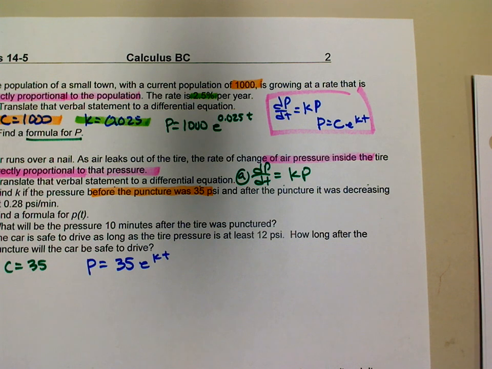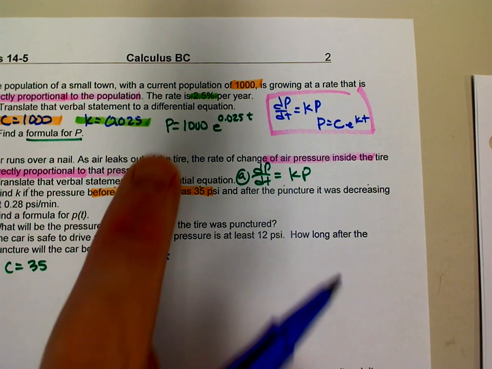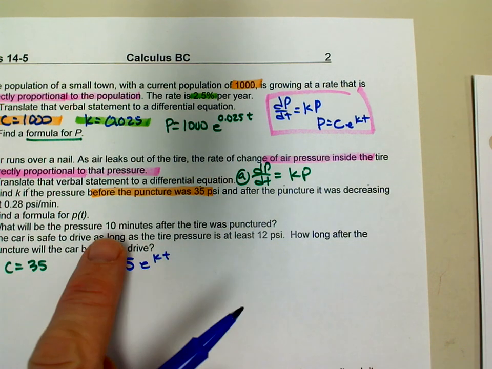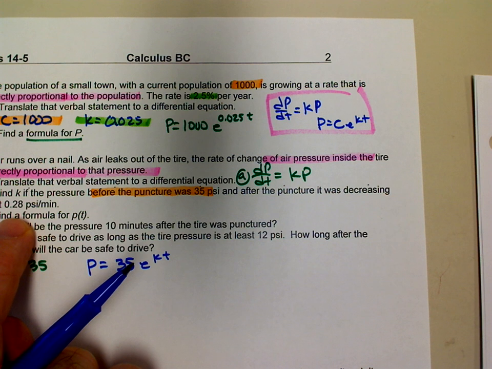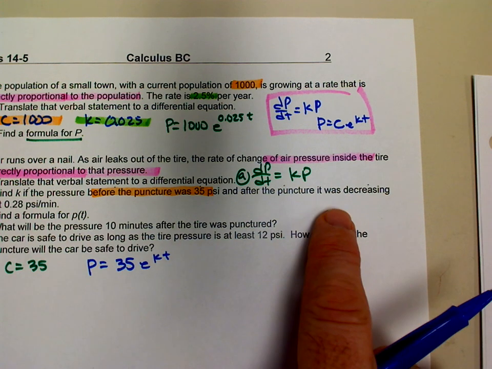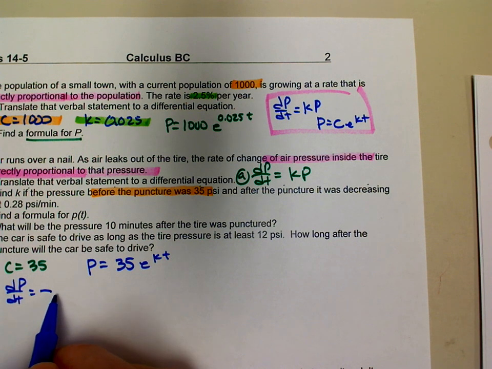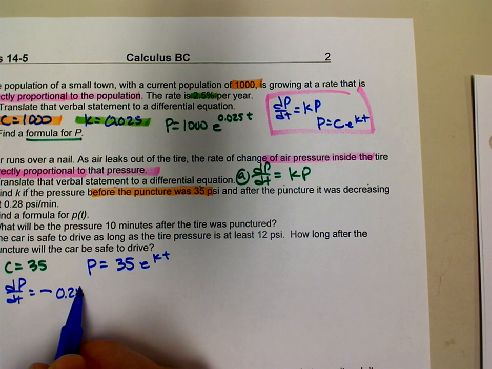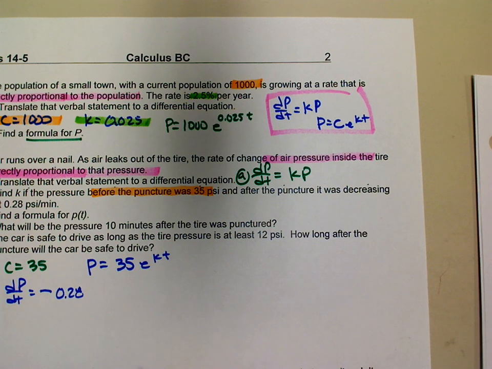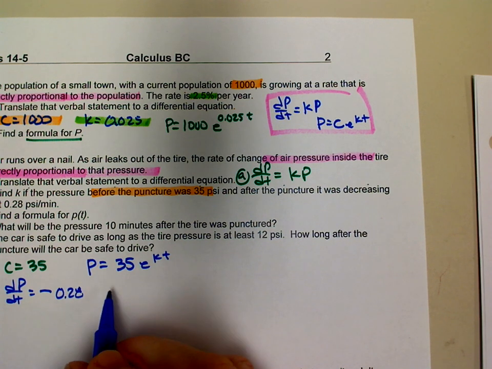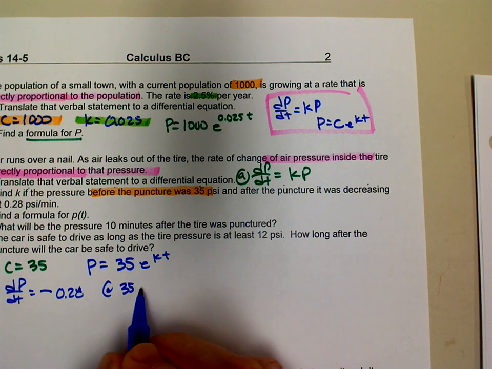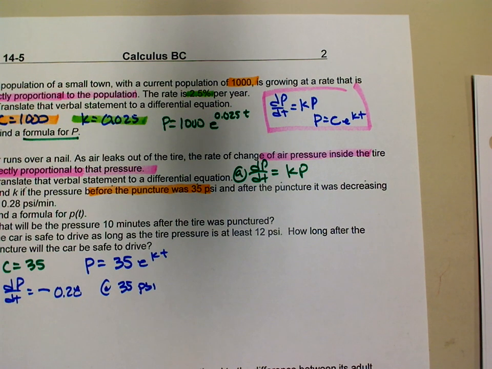Okay. And one thing with this that's a little bit different than the last time is the way this is given to us. As far as this is decreasing, it tells us that that is our rate. This means that dP/dt is negative 0.28. And that's when we are at 35 psi at the very beginning.